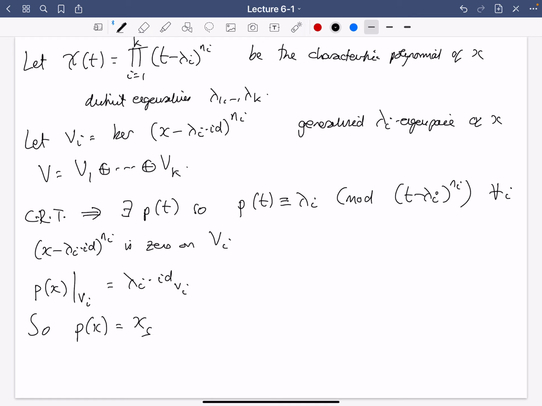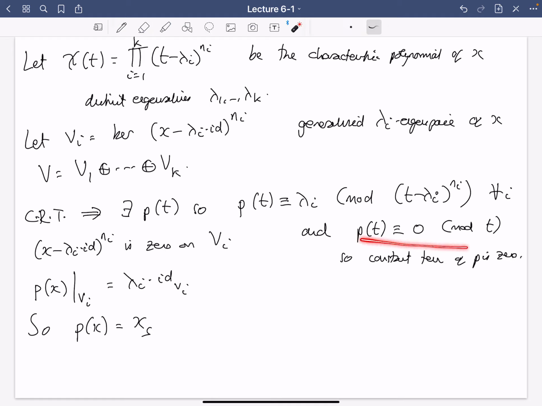Oh, but I need p to have constant term 0. So I've actually got to throw in one more congruence in my Chinese remainder theorem. I want p of t to be congruent to 0 mod t, so the constant term of p is 0. That was also a requirement, right?